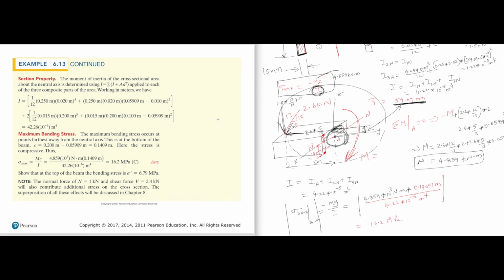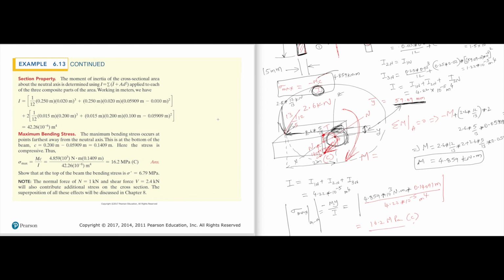And you see, at this point, the moment is going from here to there, right? The direction of moment. That means this point is in compression, that point is in tension. So that's why we write this is compressive. So the maximum stress is this much, and that is a compressive stress.